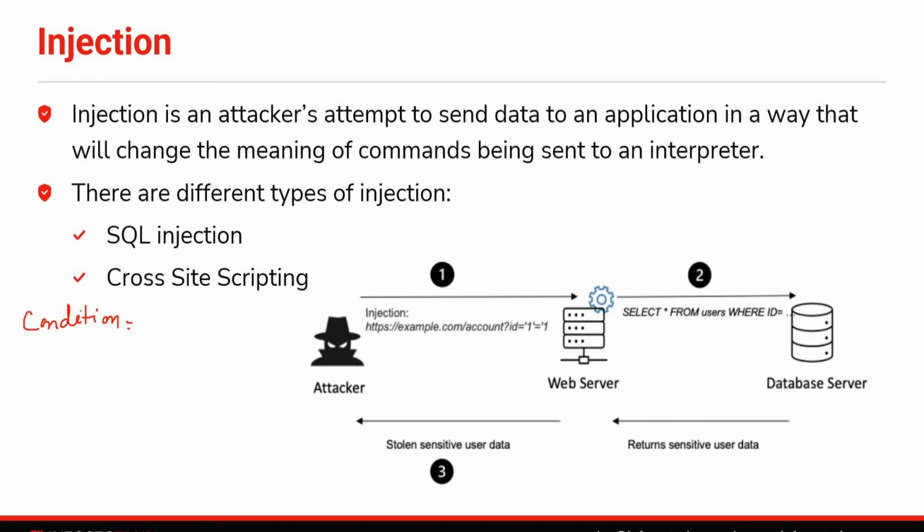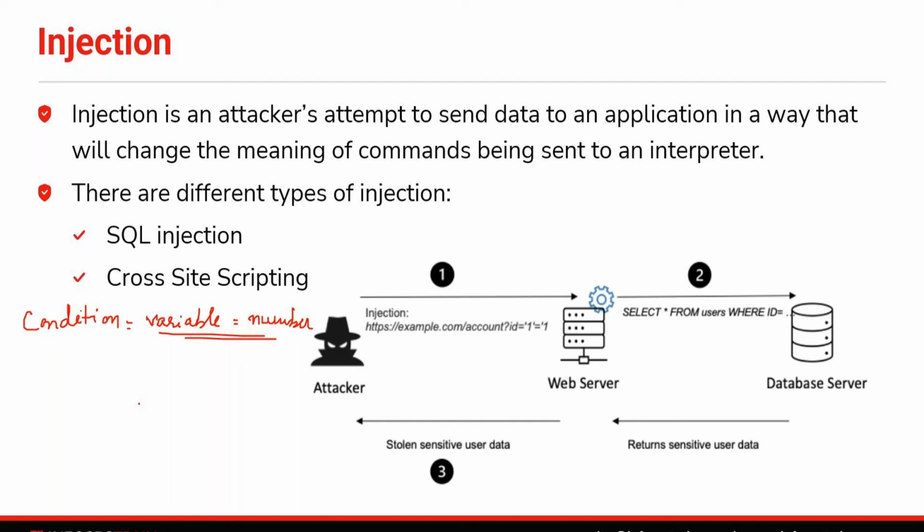So the condition is what? The condition is there should be a variable equals to 1, or sorry, variable equals to number. If this condition is present, we can perform this test, this SQL injection.